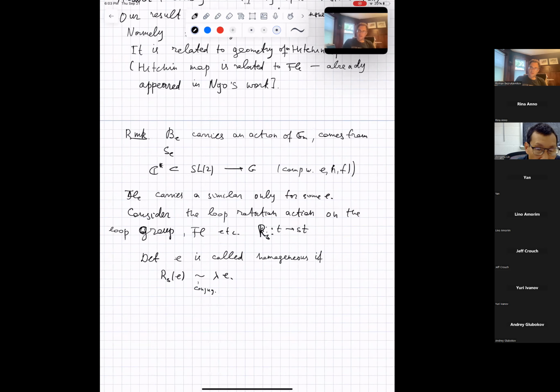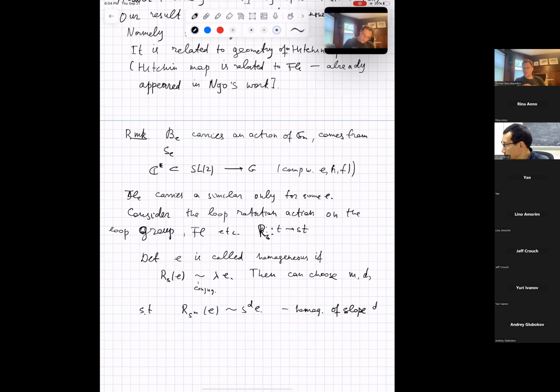And then by elementary group theory, you can choose M and D so that R_s to the M of E is conjugate to s to the D times E. This is called homogeneous of slope D over M. Conjugation is for the loop group element.